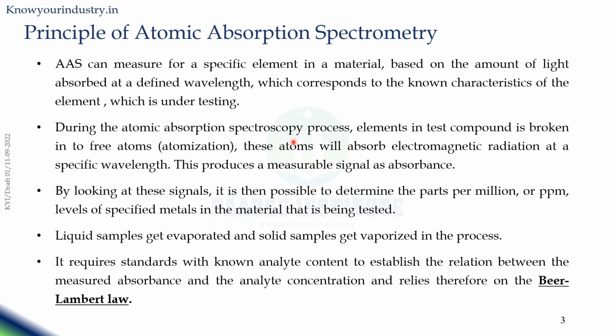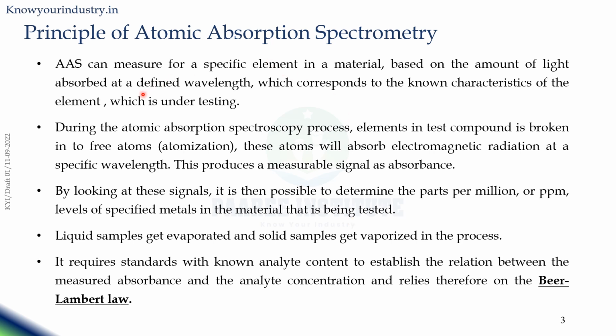During the AAS process, elements in the test compound are broken into free atoms, that is atomization, and these atoms will absorb electromagnetic radiation at a specific wavelength. This produces a measurable signal as absorbance. So at a specific wavelength, the light will be absorbed by these atoms and measured as absorbance. By looking at these signals, it is then possible to determine the parts per million, or ppm, levels of the elements present in the particular material.